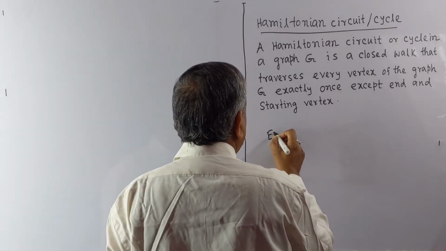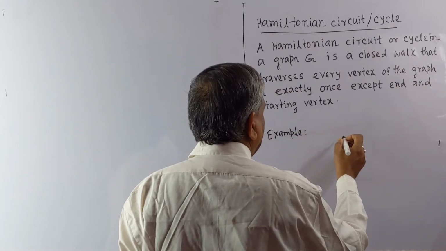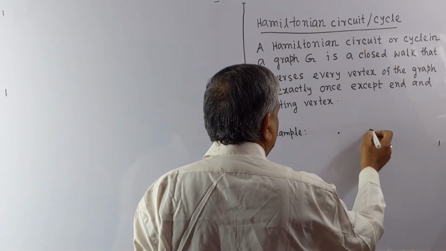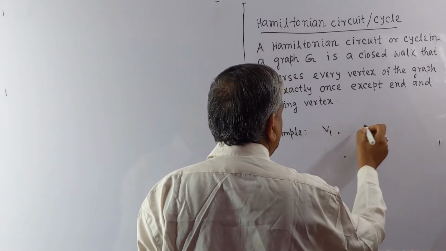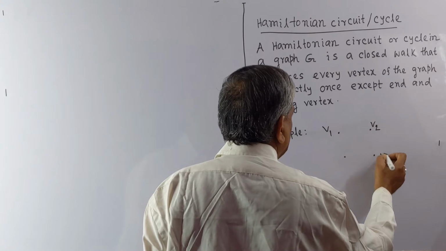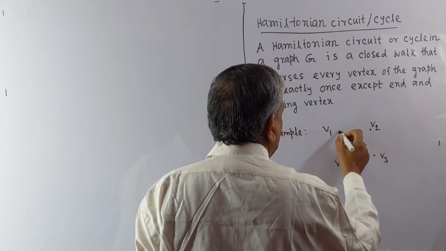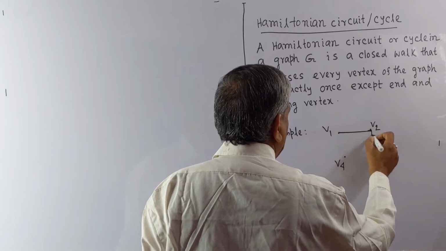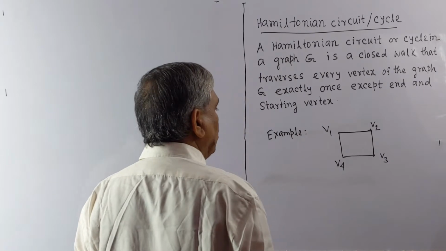Example. We have a graph having 4 vertices V1, V2, V3, V4, and we take a closed walk.